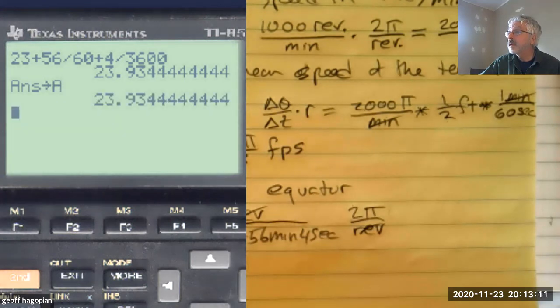And so now I'm going to say 2 pi divided by, recall what's in A. The calculator doesn't work very well, it keeps screwing up.